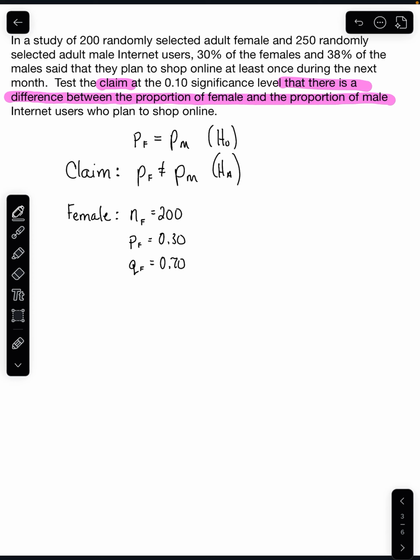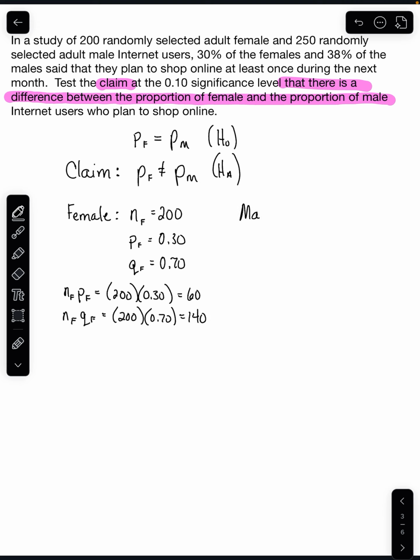Certainly, these numbers are quite large enough to qualify. So if we do n times p, it's 200 times 0.30, and that will give us 60. Therefore, n times q for the females will be 200 times 0.7, which will give us 140.